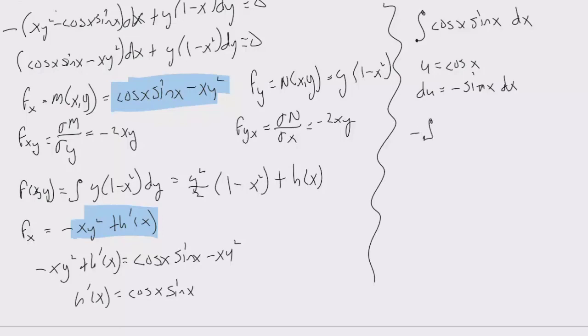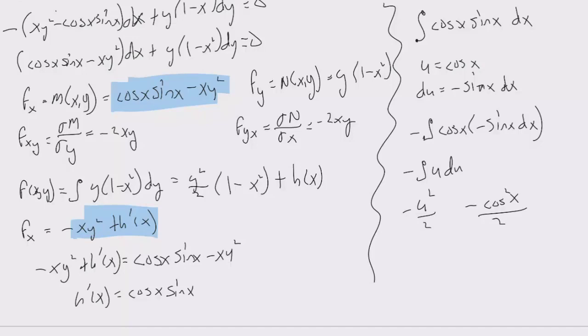So integral of cosine x and the negative sine x dx, and I can translate that into u du. So that would be u squared over 2. And then I can just substitute in my u. So that would be negative cosine squared x over 2.